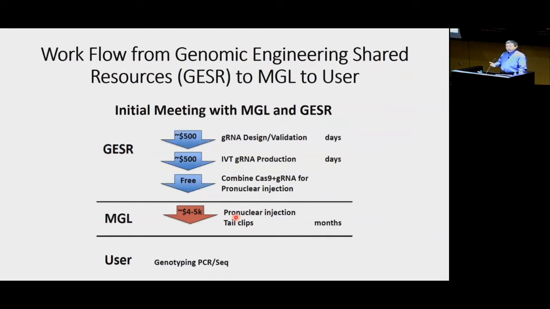After I inject your CRISPR reagent into the embryo, which we call a zygote, I transfer it into the mice. It takes about 19 days gestation. Then you get pups.